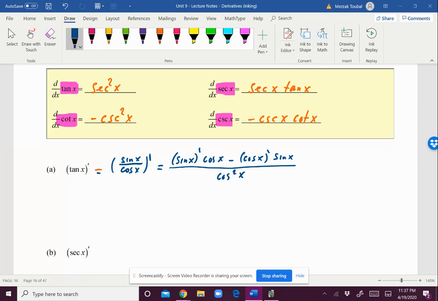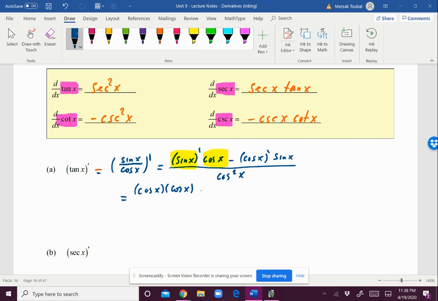Okay, now let's use the known information, which is derivative of sine. Derivative of sine is cosine times the other cosine. So derivative of sine is cosine times this cosine. Okay.